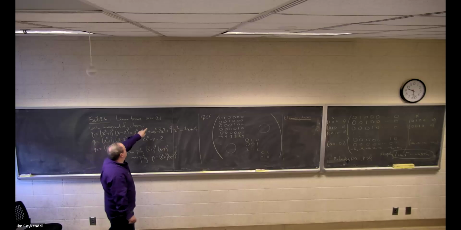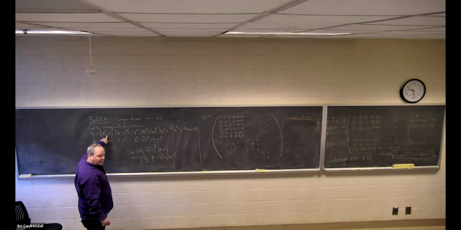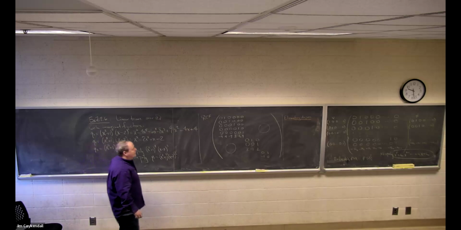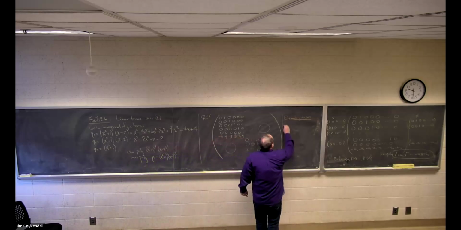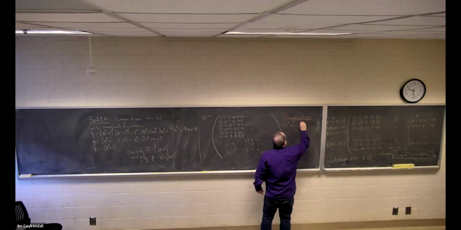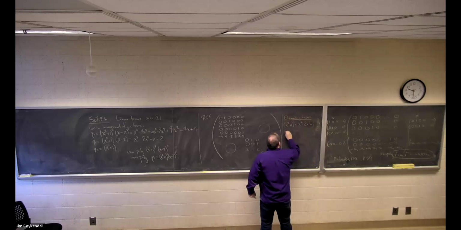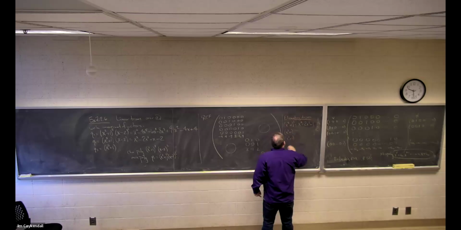Okay, let's be careful over Q. Would everybody agree that x squared plus 1 is prime over Q because it's an irreducible polynomial? So the elementary divisors should be x squared plus 1 squared, x squared plus 1, and x squared plus 1.